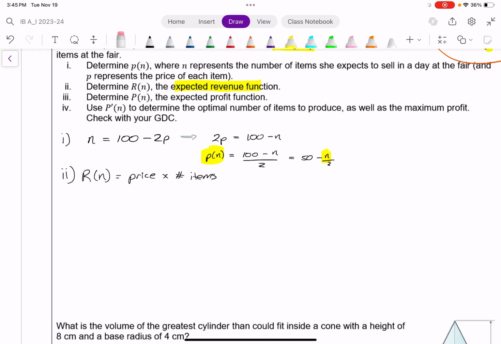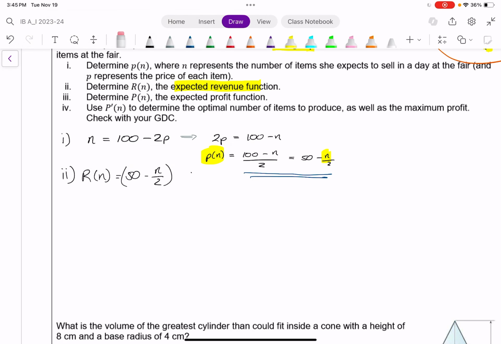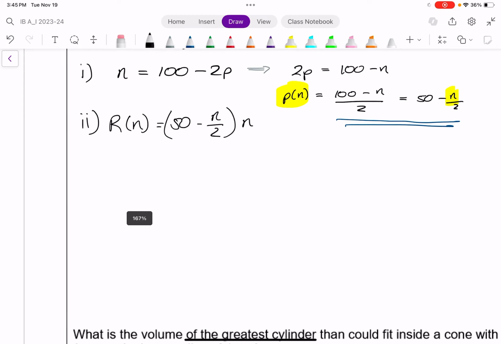In this case, the price is 50 minus N over 2, and the number of items is N. So there's my revenue function: (50 minus N over 2) times N. I'm going to distribute the N, so I'll write it as 50N minus 1/2 N squared. There's my revenue as a function of the number of items.